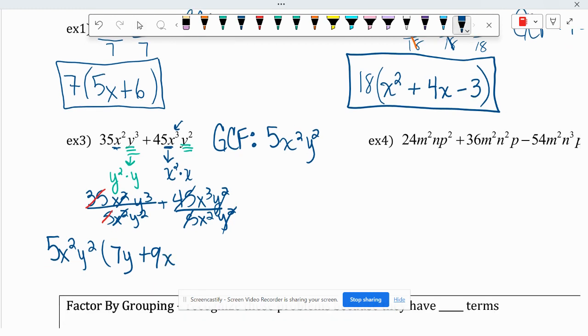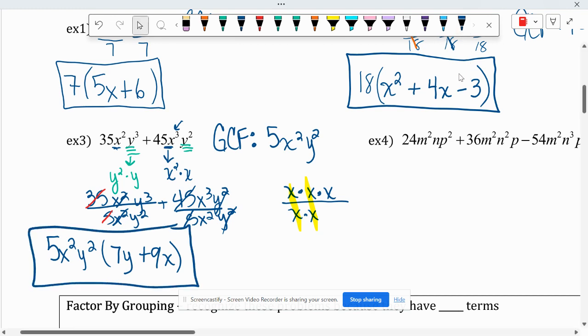It's just x. If you are struggling with that, remember how you learned that rule. This is x cubed. This is x squared. Remember that these just cancel out and you're left with an x. Okay? So this is your final answer.